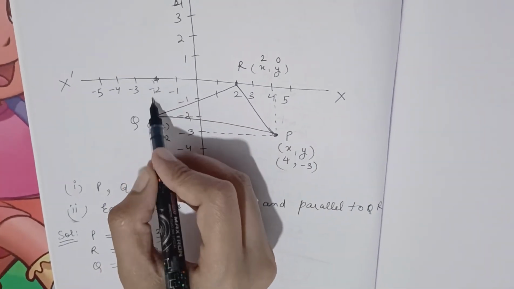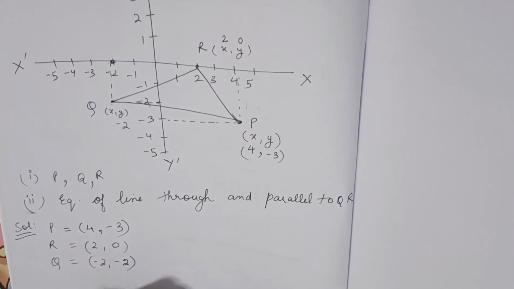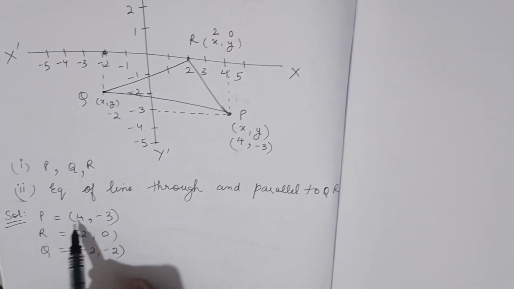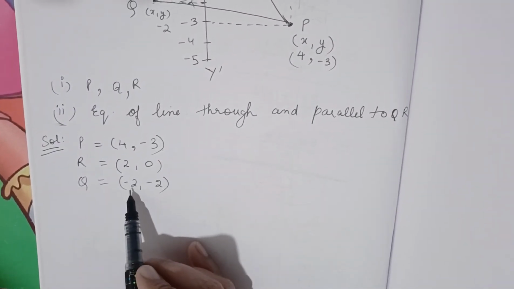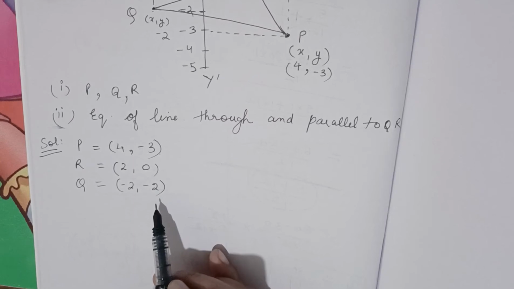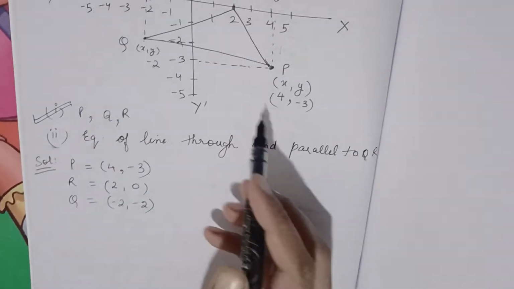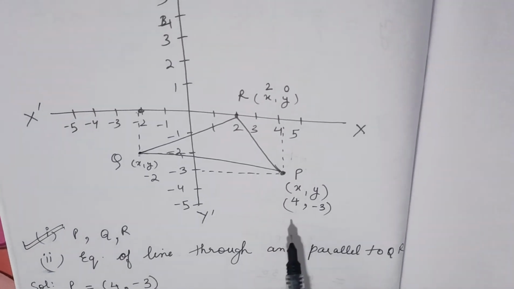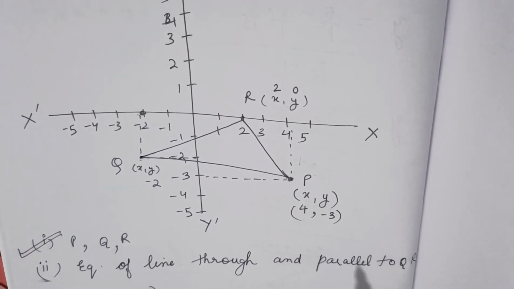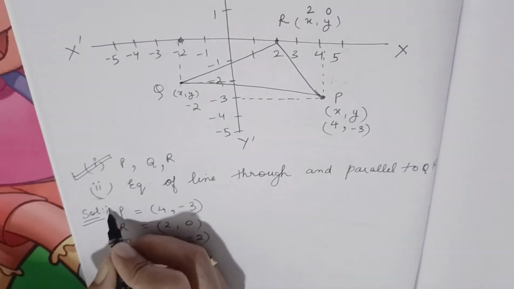You can check the coordinates like this. So I have found the coordinates of all 3 points. P is 4, -3, R is 2, 0 and Q is -2, -2. Okay, so the first part is done now. It was very easy, and this type of question is commonly asked, and this question is also from previous year papers only. Now let's do the second one.